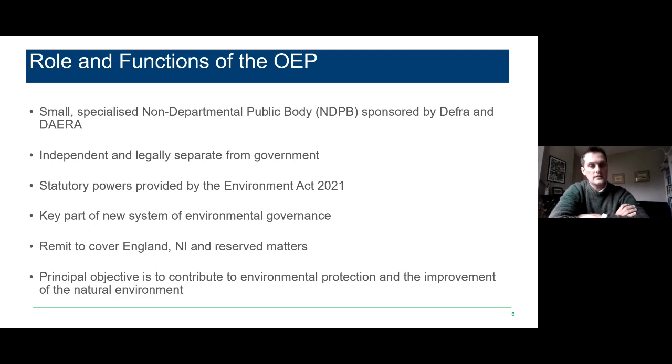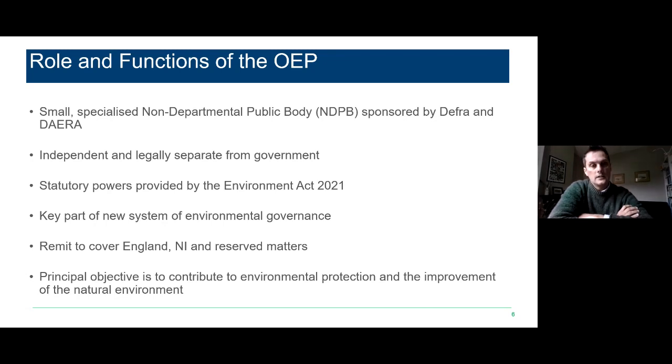We have a range of powers set out in our founding legislation, which is the Environment Act, principally 4 of them. We can give advice on changes to environmental law. We scrutinise how environmental law is being implemented. We scrutinise how government is doing in terms of progress against its own policies and targets that are set out in law for improving the environment.